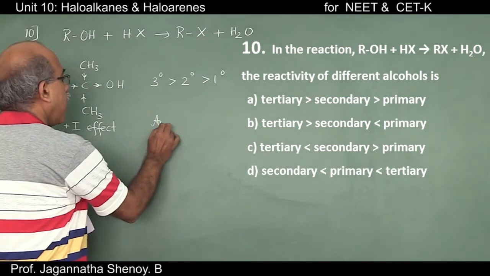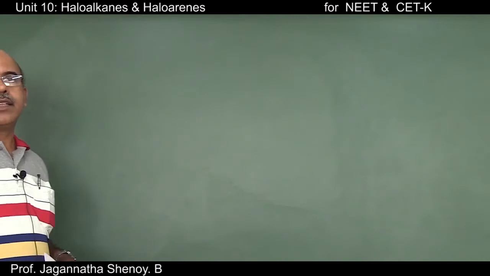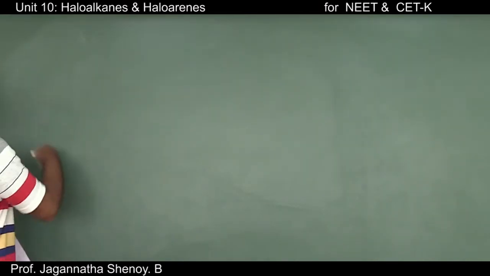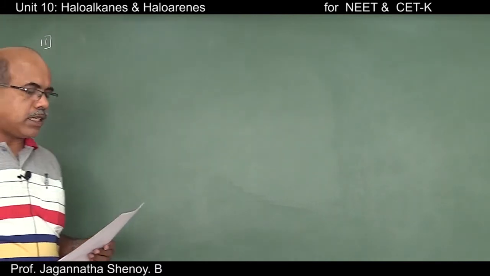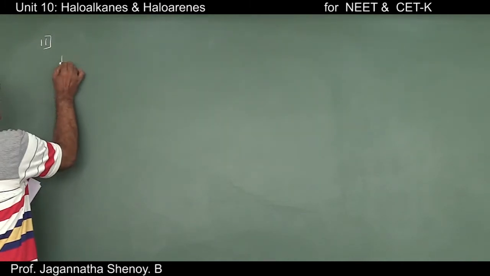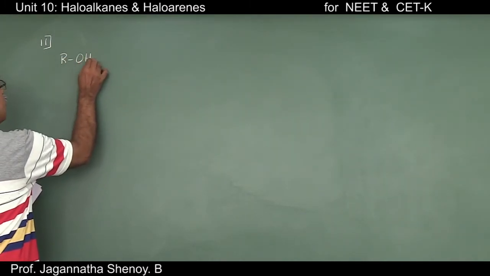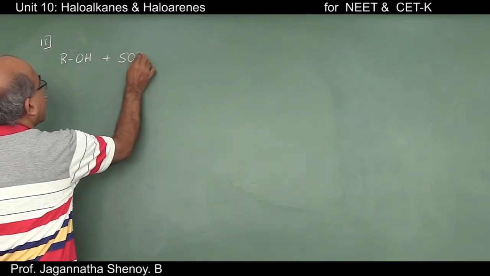It has to be option A. Let us move over to question number 11. We are talking about Darzens' process. What is Darzens' process? I start from alcohol. I'm going to treat it with thionyl chloride.